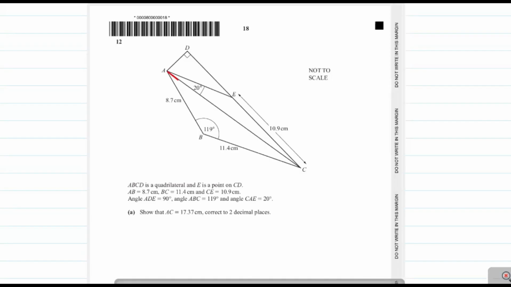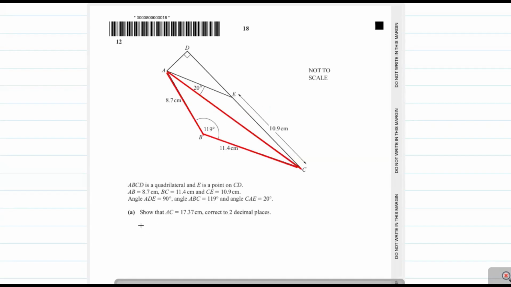In this triangle, the length AC lies in triangle ABC. Therefore, we will consider this triangle to calculate length AC. Here in triangle ABC, two sides and the angle between them are given. We have to calculate the opposite side. This opposite side we can calculate by using the cosine rule.